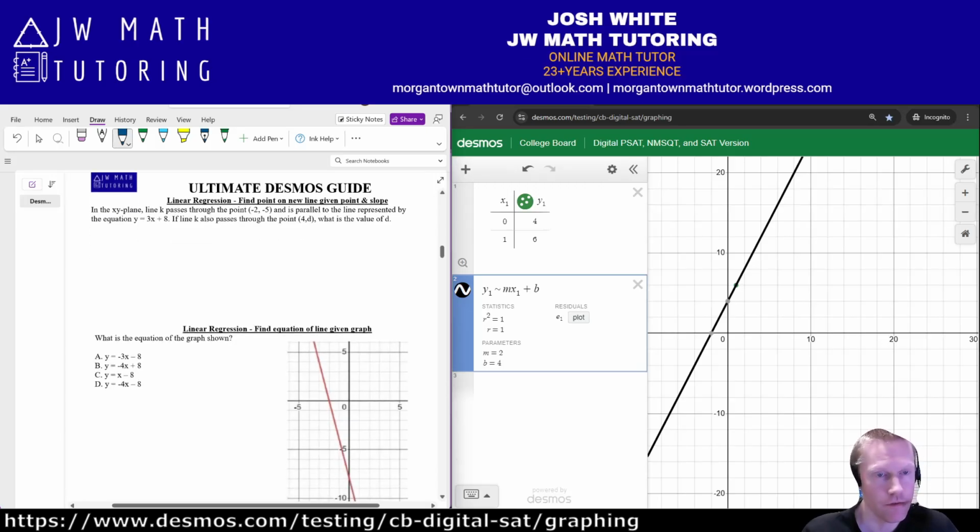So here you have, take a second, and read over this next problem. You're told that this line passes through a point, and you're also told that it is parallel to a line with this given other equation. Okay?